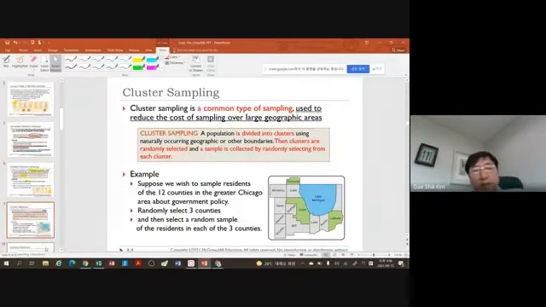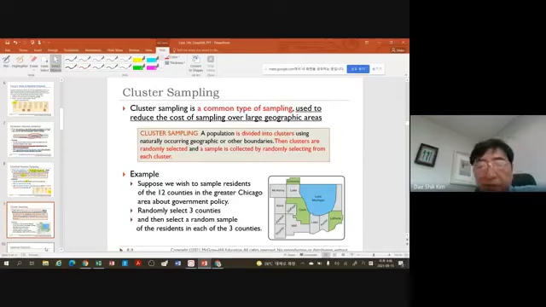Cluster sampling is a common type of sampling used to reduce the cost of sampling over a large geographic area. For example, you want to test the whole of Cambodia, whole Korea, whole America. You cannot do that because the geographic area is so large. In that case, the population is divided into clusters using naturally occurring geographic or other boundaries.